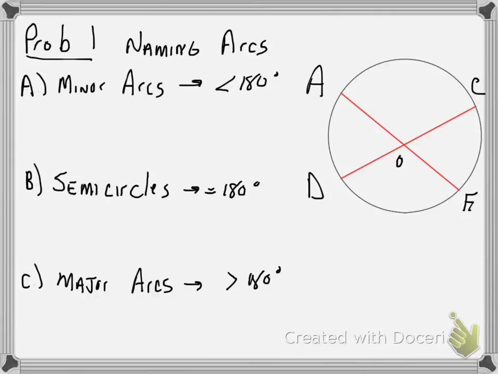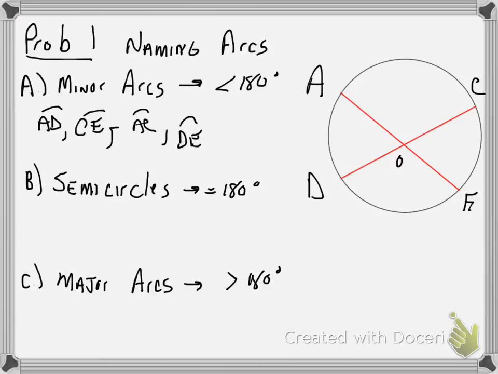So if we look at the circle here, what are our minor arcs? Well, arc AD is one. It's less than half a circle. Arc CE is another one. Those are the easy ones. Arc AC and arc DE are all minor arcs.